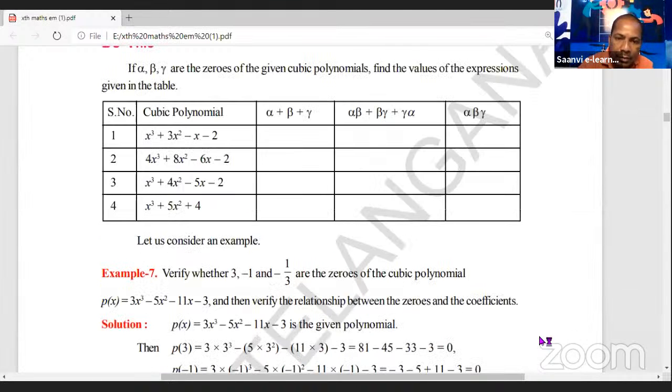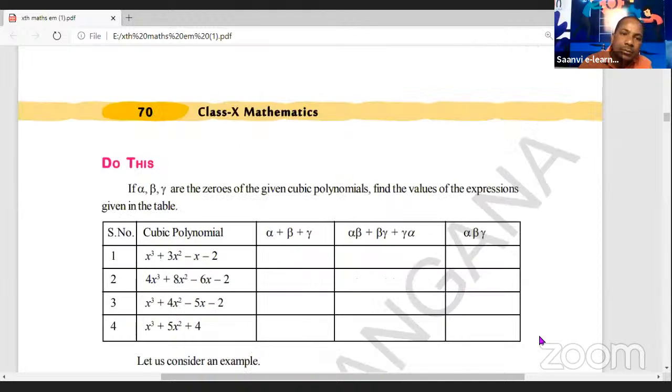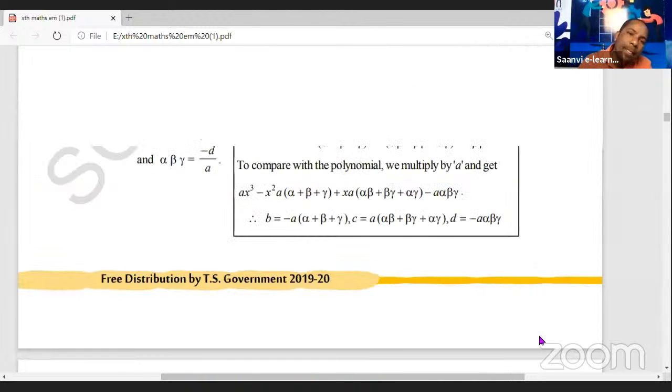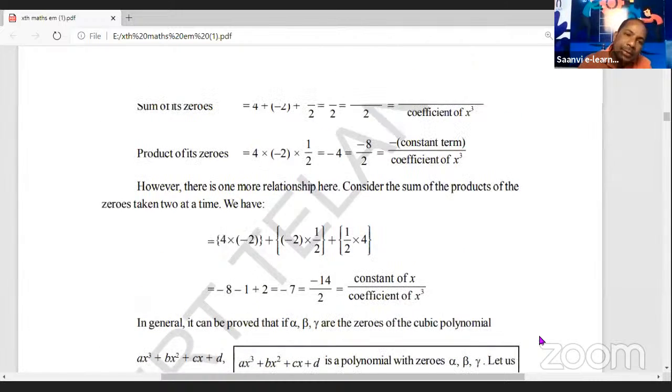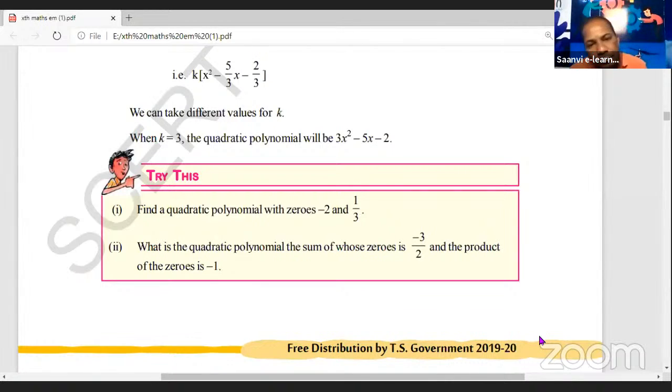See here, in the table down, Example 3 is there. That problem you complete. And also open page number 68 and try this problem. 2 problems are there in this. Try these problems and complete them. Okay, children, the time is up. Thank you all.